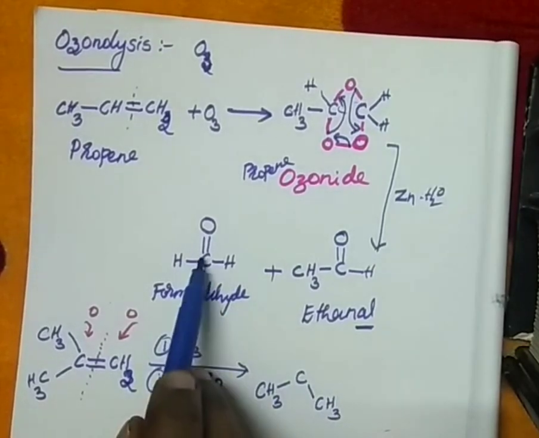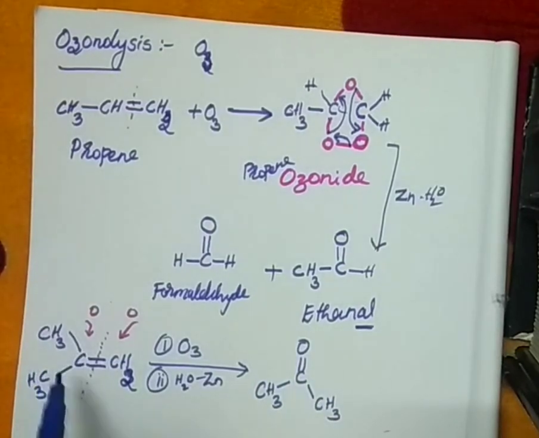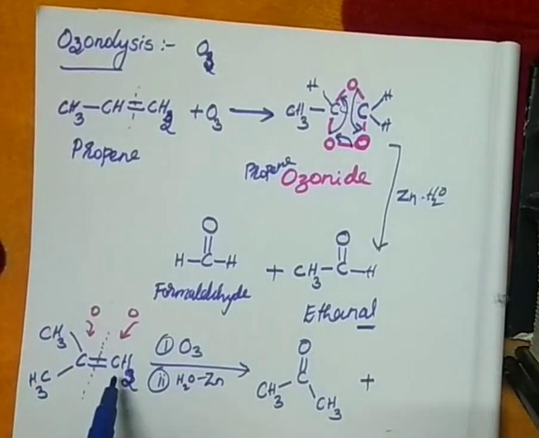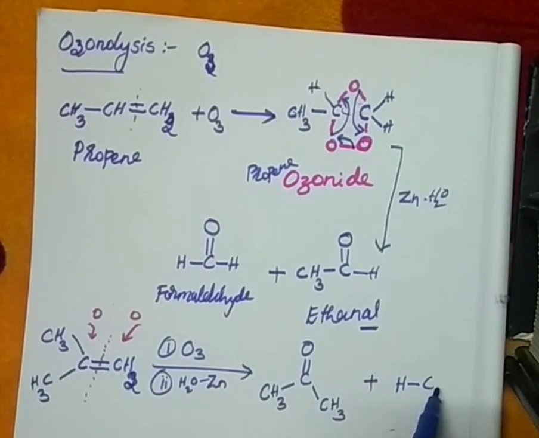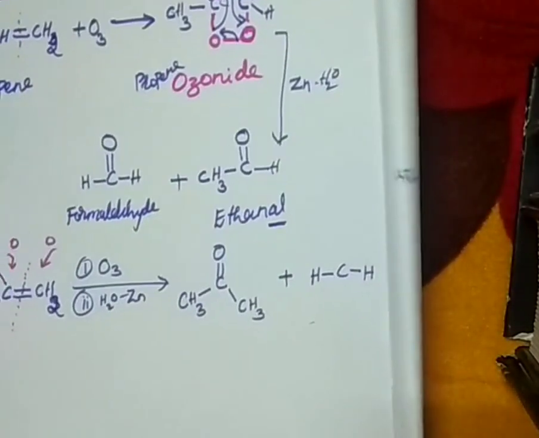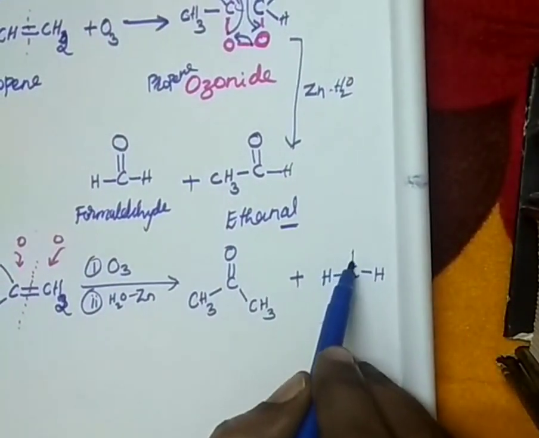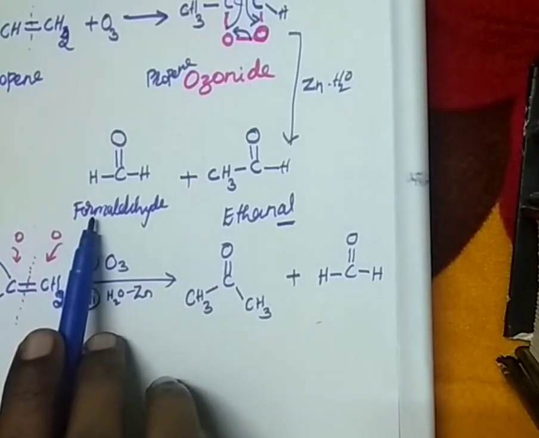Now what do I have to write? Carbonyl. Done. One side over, one product over. Then what is the other product? Carbon with 2 hydrogens, then the carbonyl group I have to add. Yes, this is the carbonyl group.